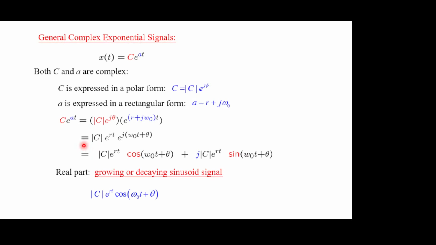Okay, no. Then let's go to the general complex exponential signal. They're actually not that interesting because they are hard to use, but we can write them in more intelligent, more analyzable forms by choosing a good decomposition of C and A. So if our C e to the at has the general form, then C and A are both complex.